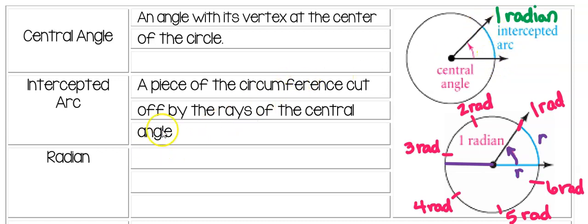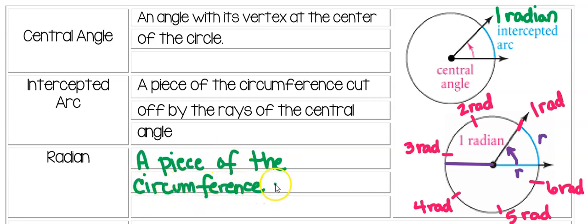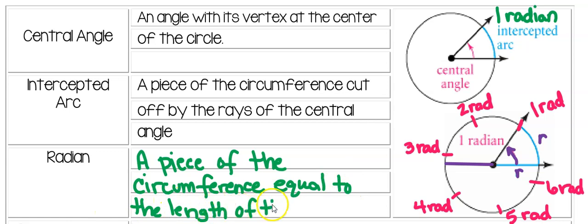Now we're going to discuss what a radian is. A radian is a piece of the circumference equal to the length of the radius. You can see here that the radius, we'll just call that r, is 1 radian.